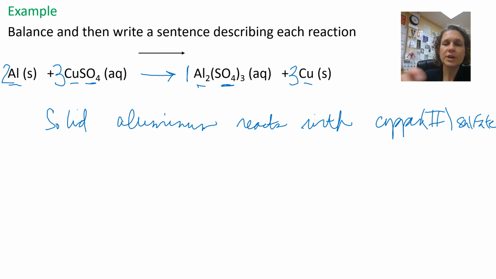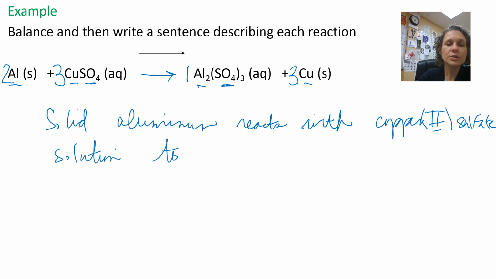Okay, copper has a Roman numeral. SO4 is a -2, so copper has to be a +2. That's where the Roman numeral comes from. So solid aluminum reacts with copper sulfate solution.